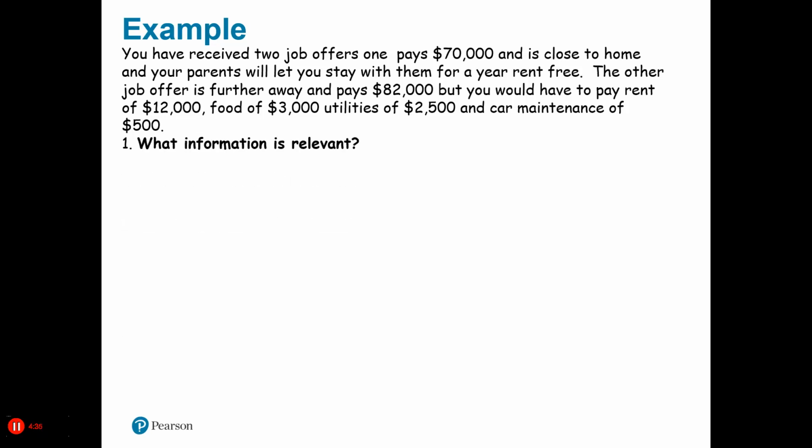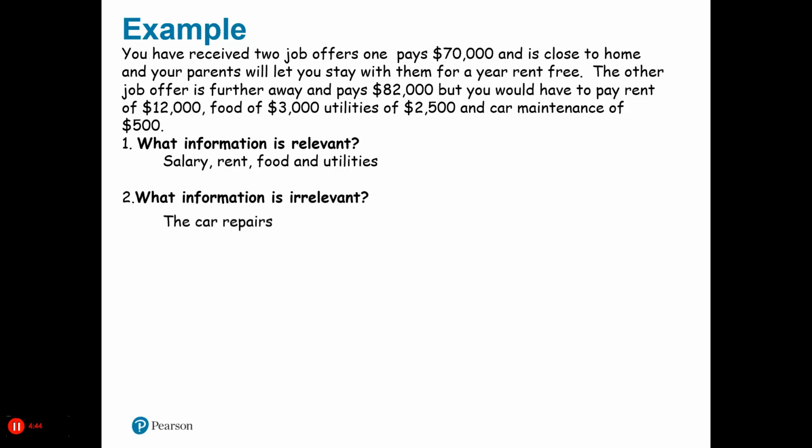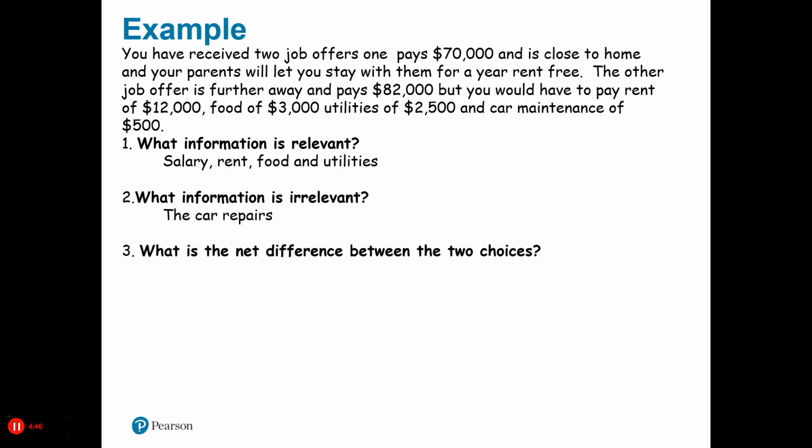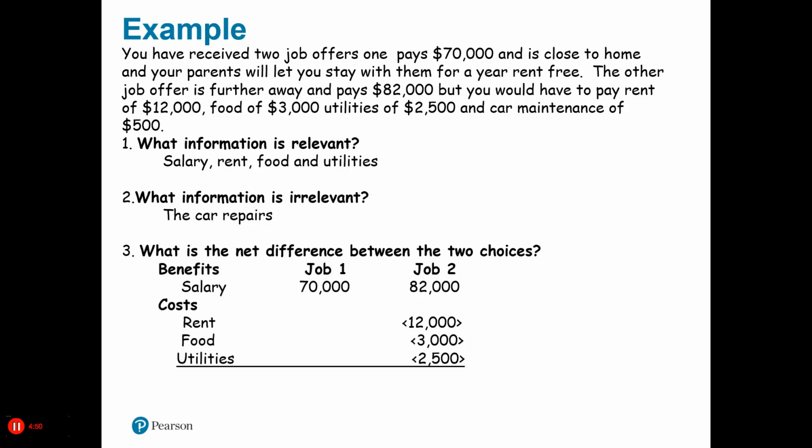What's the relevant information? It's the salary, the rent, the food, and utilities. It's not the car maintenance, because you're going to have to pay that no matter what, so that is irrelevant. So what's the difference? You either get $70,000, or $82,000 minus the additional incremental cost of rent, food, and utilities. So the decision should be, and this assumes you get along with your parents, you should stay home.